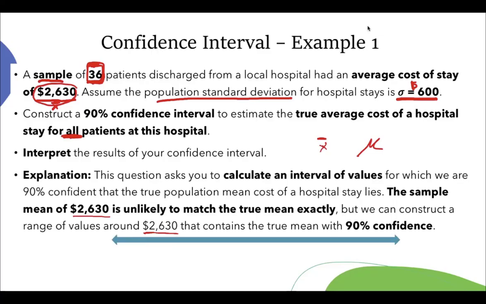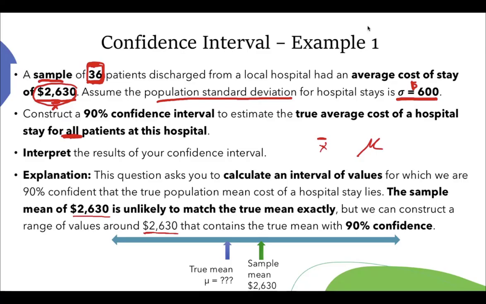So this arrow represents money, the average cost of a stay at a hospital, and our true mean is somewhere on that arrow. It's unknown. So we take a sample of 36 patients, we calculate the average for that group, and that's our sample mean, 2630.